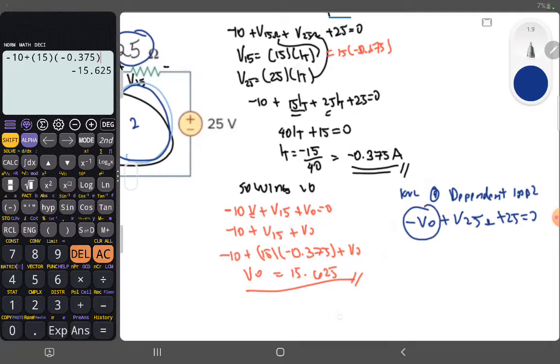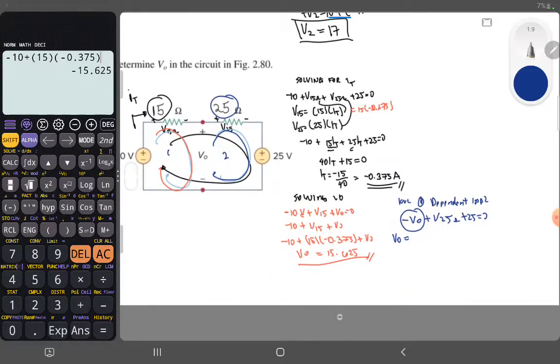So mapapansin mo yung VO natin negative, so papositive natin yan. So VO is equal to V25, which is 25 multiplied by negative 0.375. So from here I will have 25 multiplied by negative 0.375 plus 25.